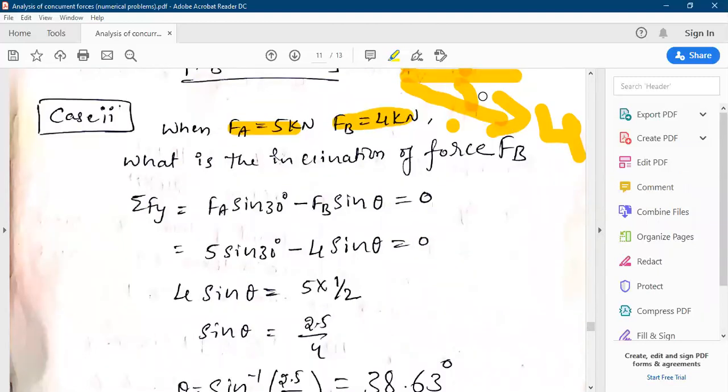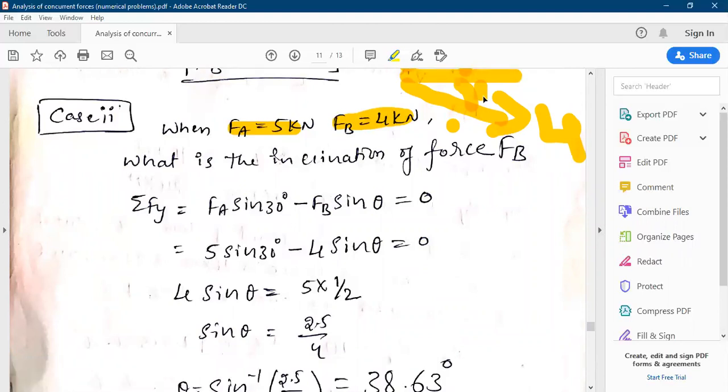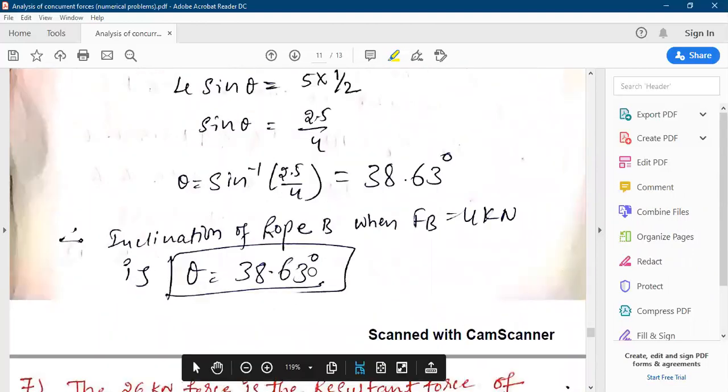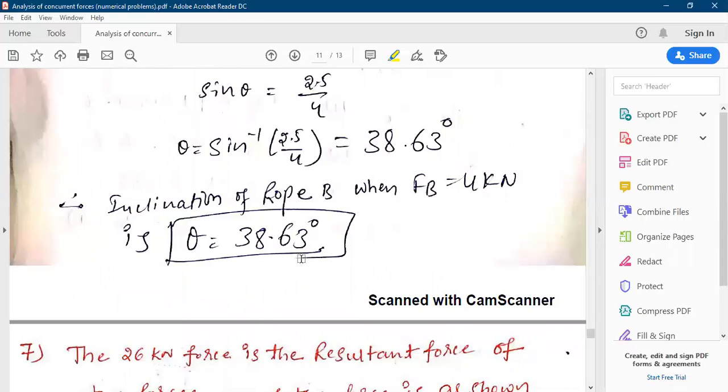What is this angle they are asking? What is this theta we have to calculate? This theta is equal to 30 degree, and we are asked to calculate the theta with respect to force Fb. That is what we have got here: 38.63 degree is the unknown theta, calculated in the second case of the problem. Next time we'll continue with problem number 7.